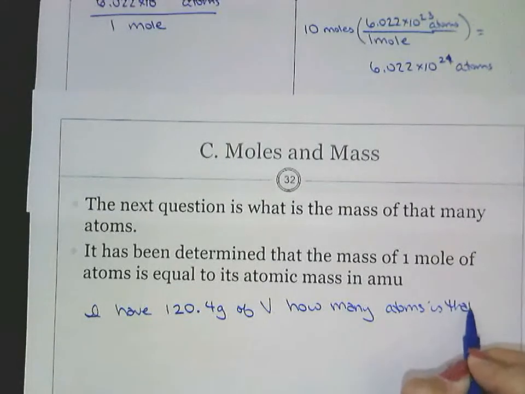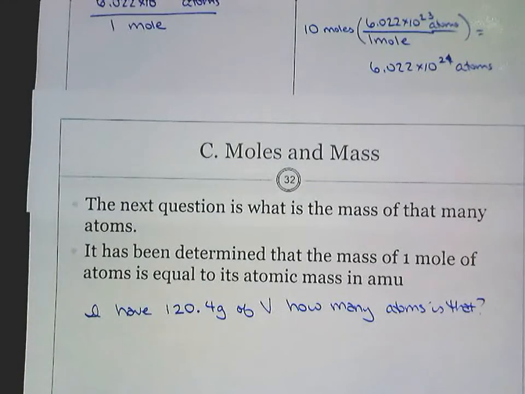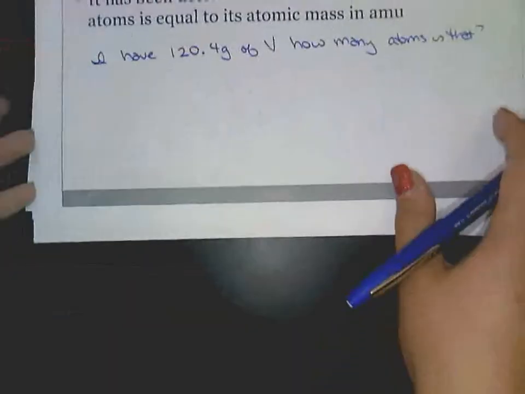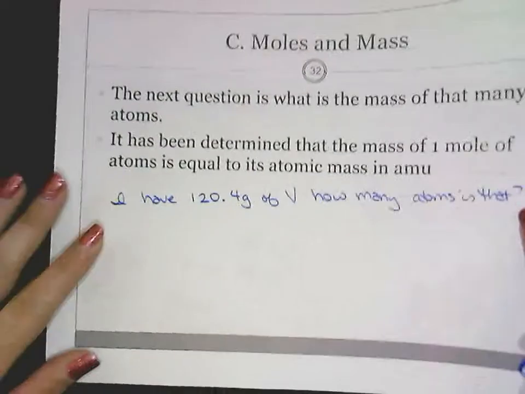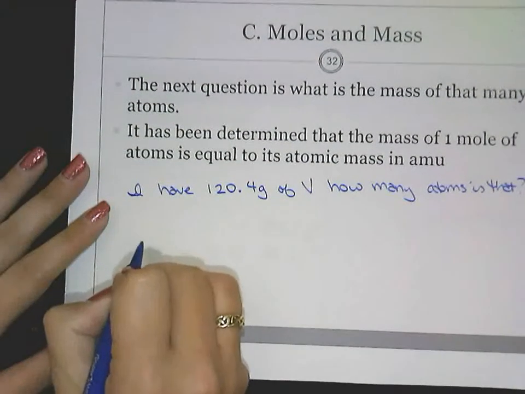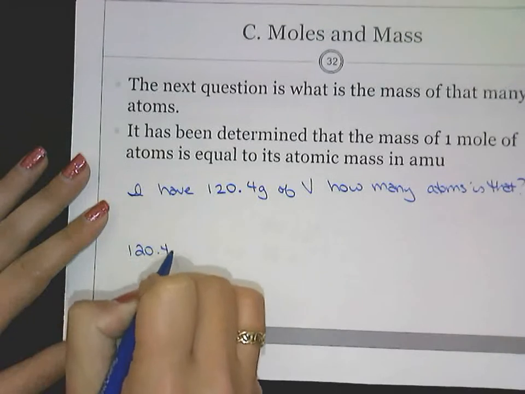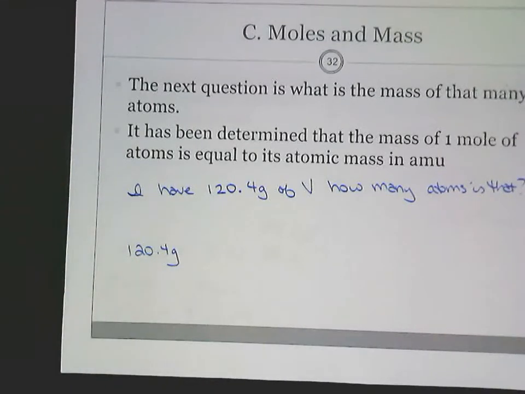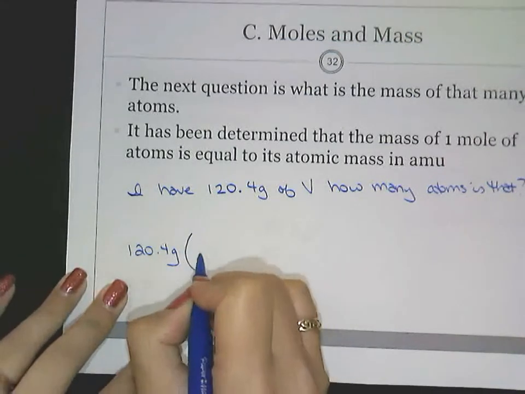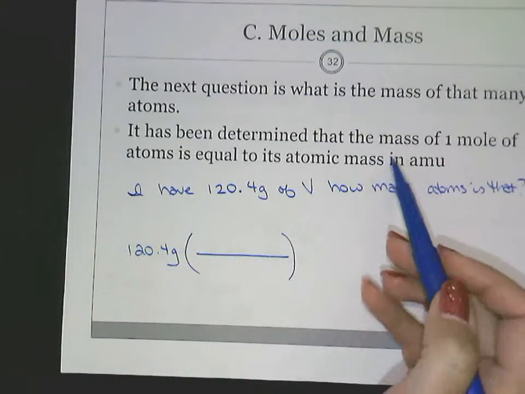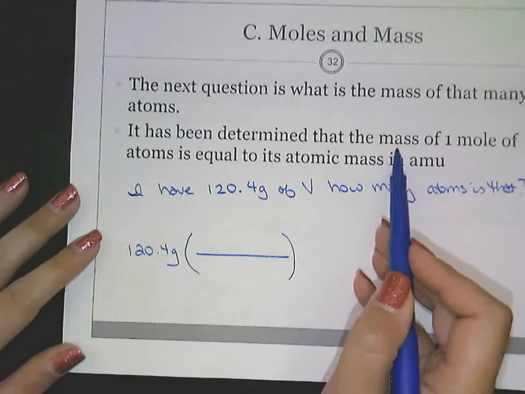I want to go from grams all the way down to atoms. So we're going to start with the unit that we're given. And I want to go from grams to atoms, but I can't go there directly, right? I have to go through a step in the middle, using my definition up here that the mass of 1 mole is equal to its atomic mass.